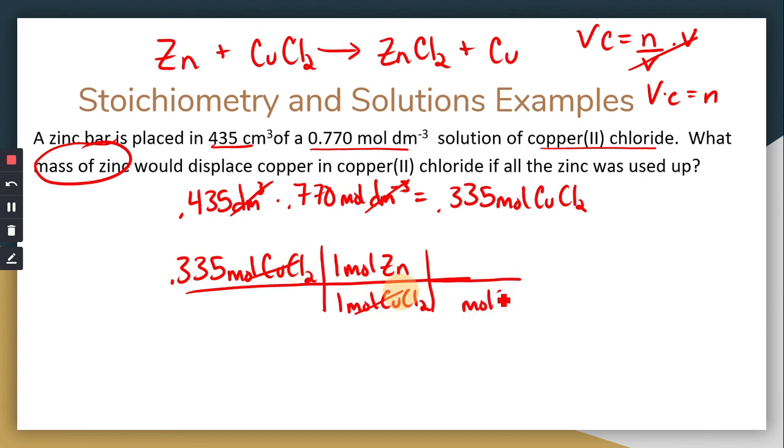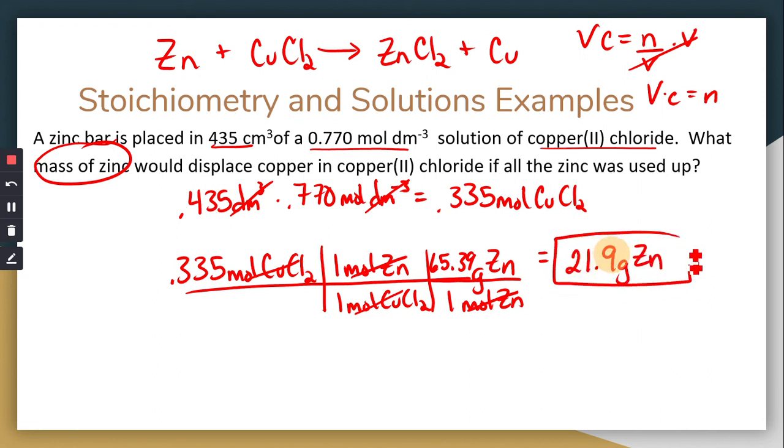And then we want not moles of zinc, but the mass, so grams of zinc. So from the periodic table, 65.39 grams is equal to 1 mole. And so we would have a mass of 21.9 grams of zinc.